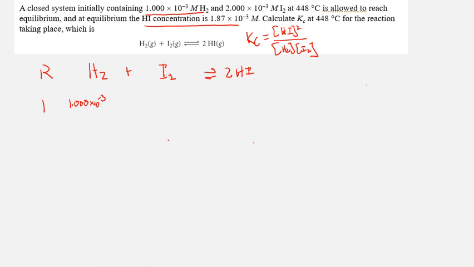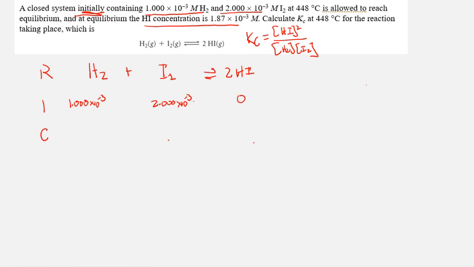And for I2, we have 2.000 times 10 to the minus third molar for the I2. And that's all we have initially. So again, key thing, that's the initial concentration. Because those are the only two things listed, we know that the HI will be equal to 0.